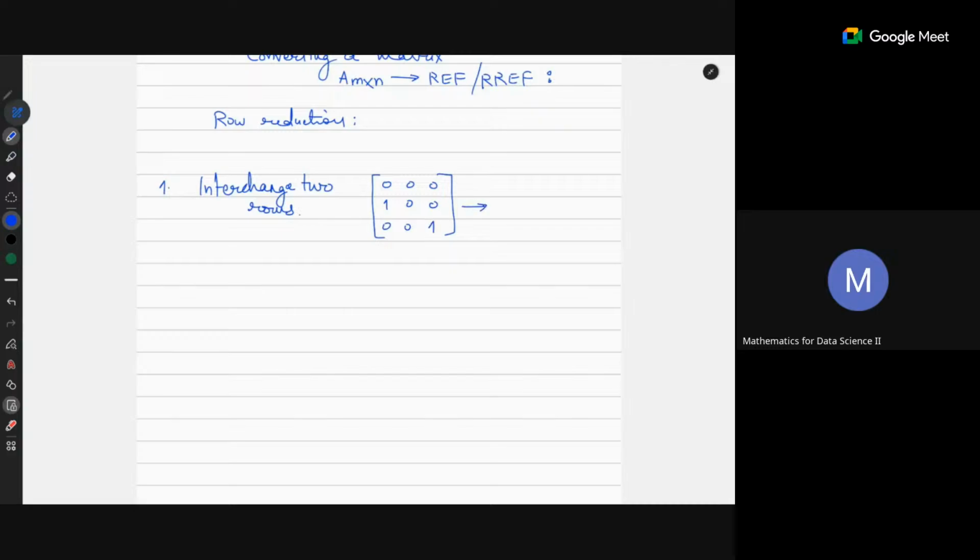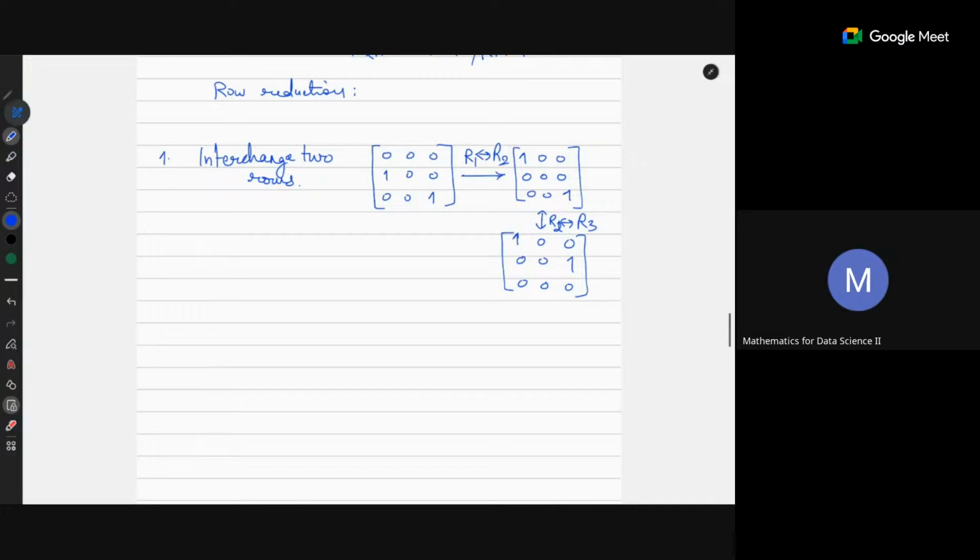Then you can interchange R1 with R3, or let's say first R2, then you will get this over here, and then you can interchange R2 with R3, so you will get this. So I performed interchanging twice, not once, twice.